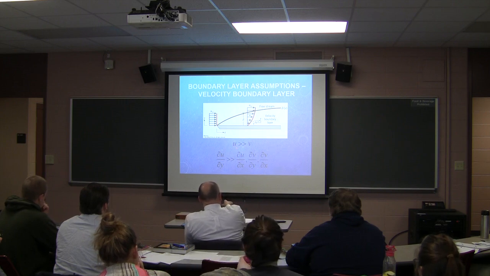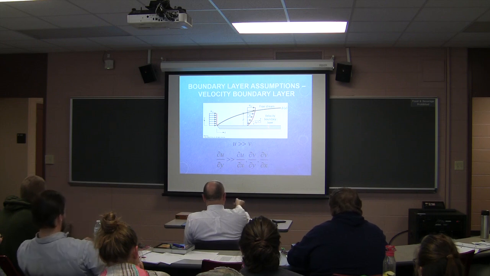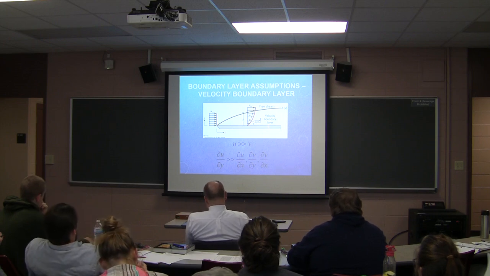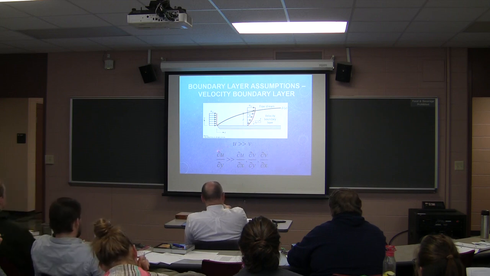Here, the first one is that the velocity along the plate in the x direction is much, much greater than the velocity normal to the plate. All right, next one.